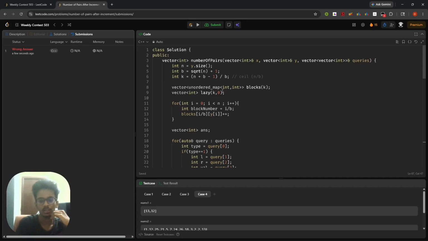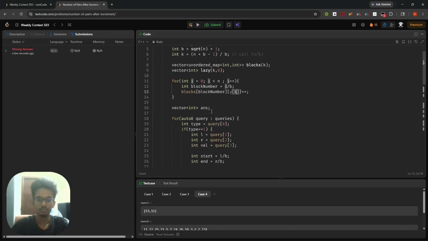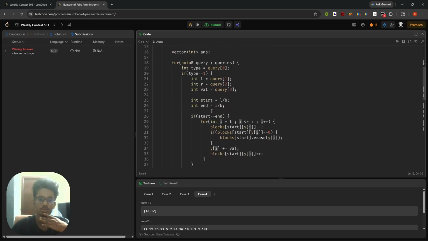Unordered map int blocks of size k, lazy k comma 0, int block number would be equal to i by b, which is also fine, and block of block number. Actually, we could have used block number. That's not an error, but still, we are declaring a variable and not using it.